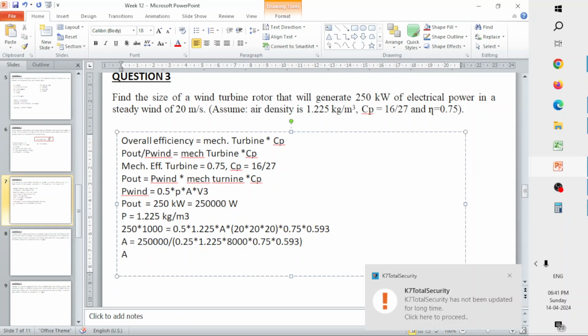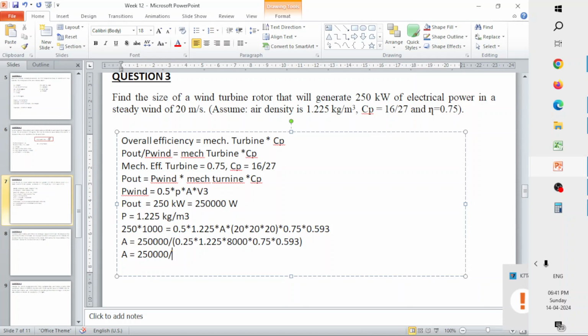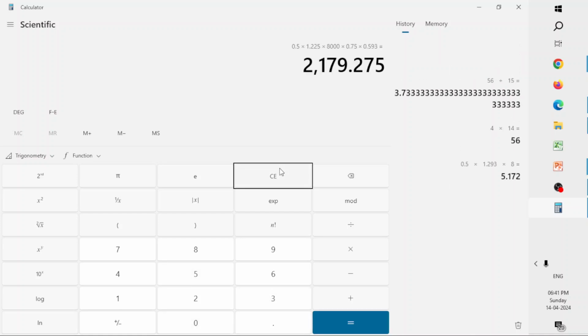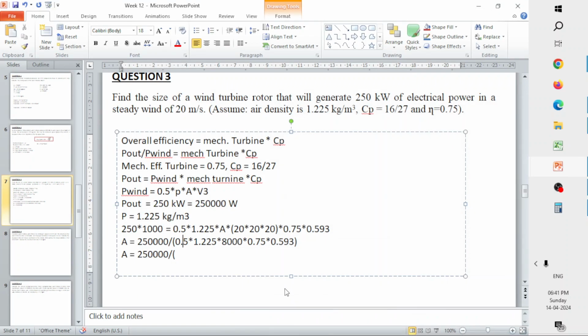So area will be: let's calculate 0.5 times 1.225 times 8,000 times 0.75 times 0.593, which is 2179.275.